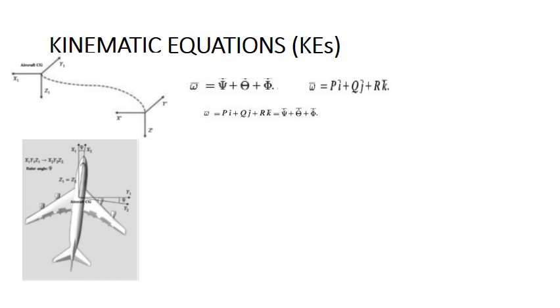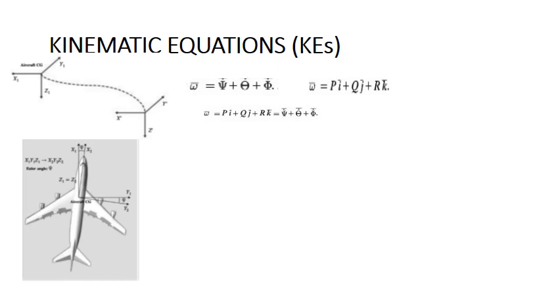Starting from the transformation x1, y1, z1 to x2, y2, z2 with a psi angle, we have z1 equal z2.